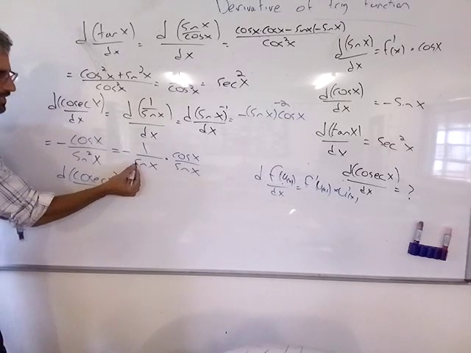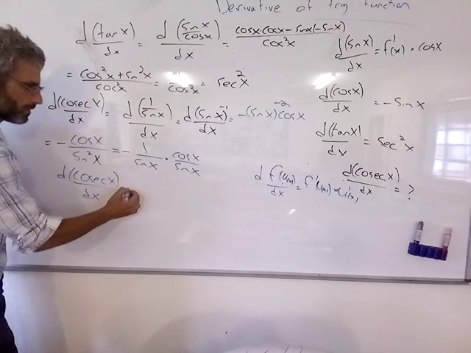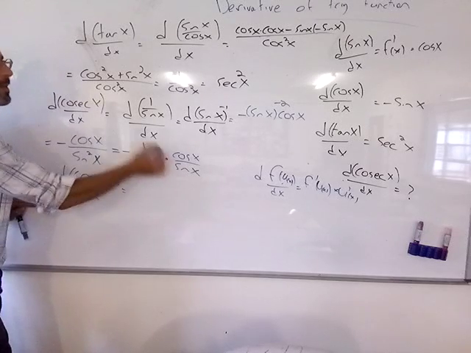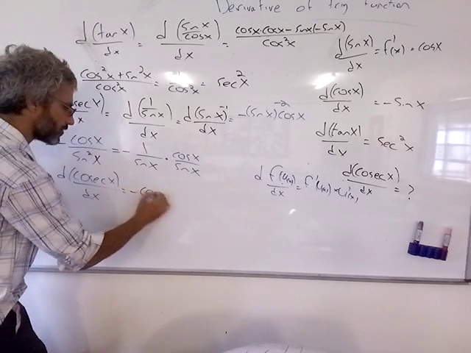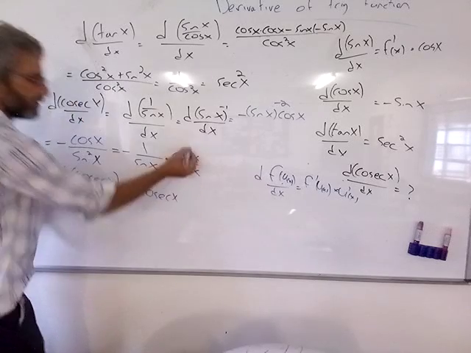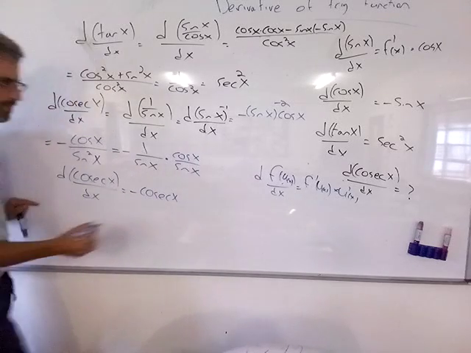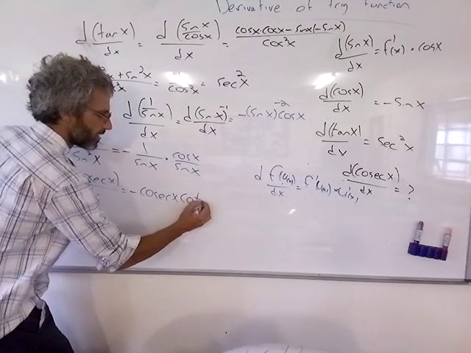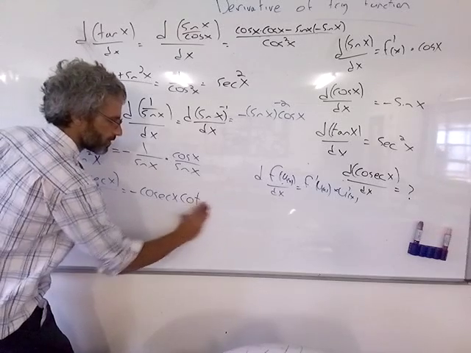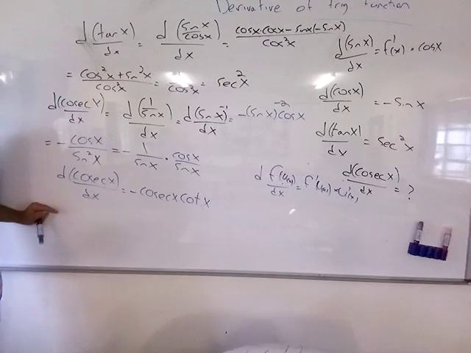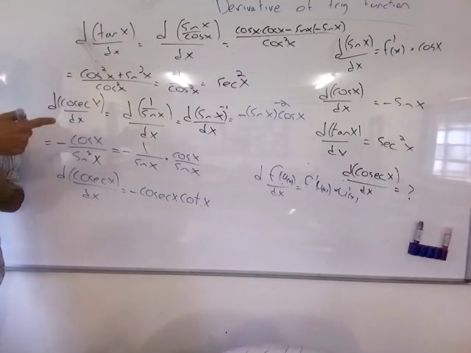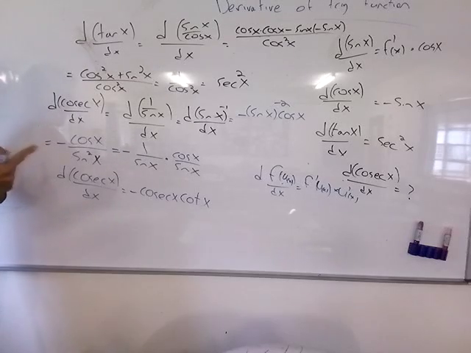Okay, what is minus 1 over sine? It's cosec. So I've got minus cosec x and cosine over sine? Cotan, cot x, C-O-T-X, right? It's the inverse of the tan, 1 over tan. Okay, and that's what they've got.